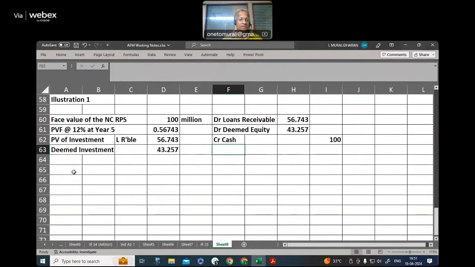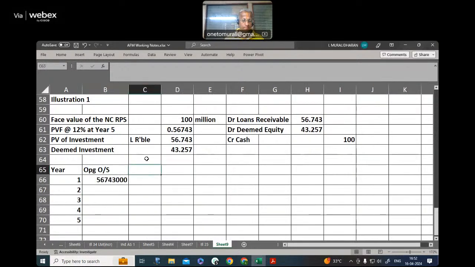So now let us just run through 5 years. Opening outstanding. Interest income.